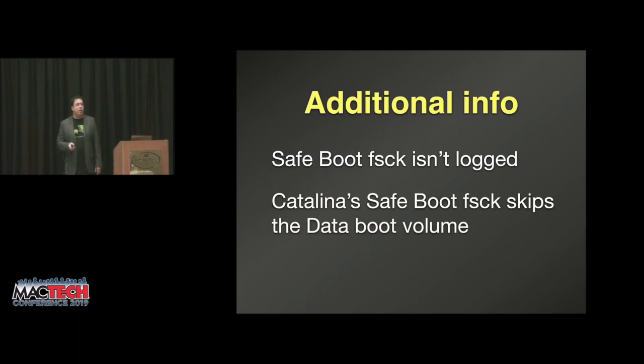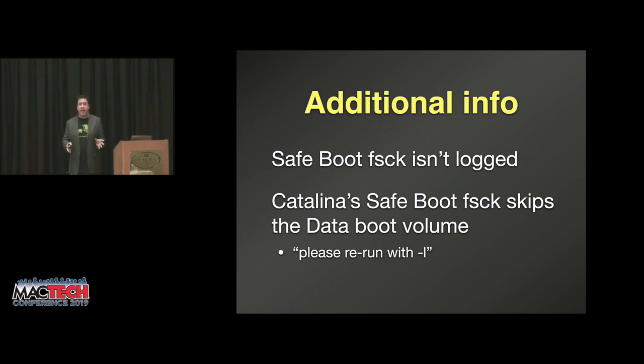And currently, when you boot a Mac running Catalina in Safe Boot mode, FSCK is only run on the read-only system volume. It isn't run on the data volume. If you look in the logs afterwards, it states, attempts to check the data volume resulted in an error because the volume was mounted with write access, and to please rerun with the -l parameter.